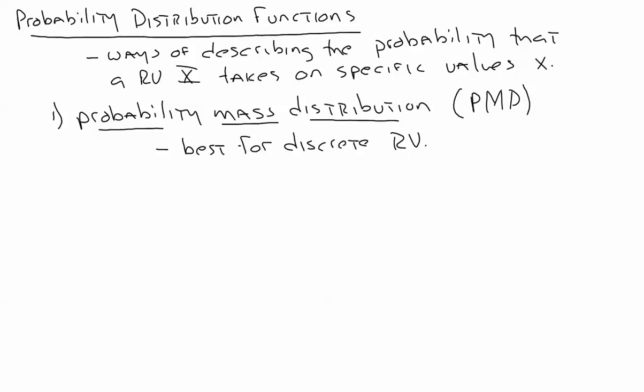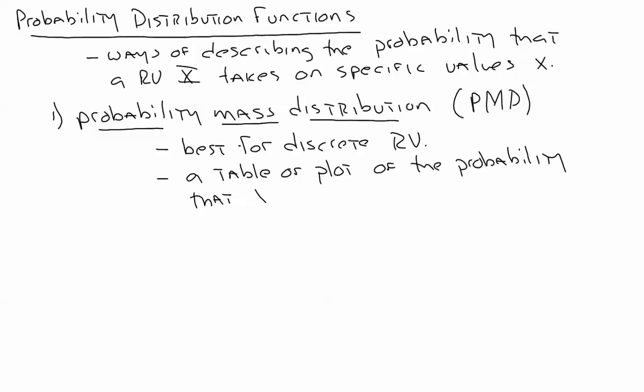Probability mass distributions are best for discrete random variables, and they're very simply a table or plot of the probability that X takes on each real number value little x.